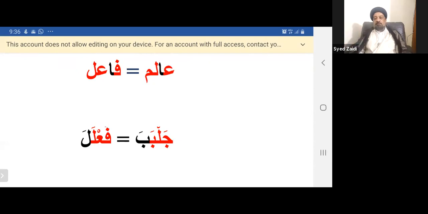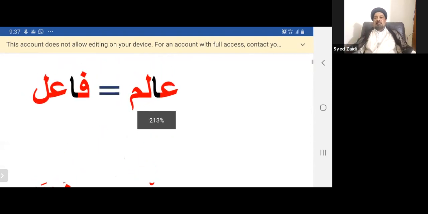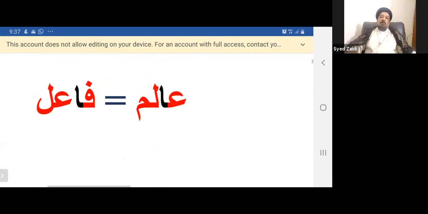Now, if you see these 2 words, I'd like to explain again. In alim, you find that the alif is zaid, and you've repeated the same. Alim is equal to fa'il.